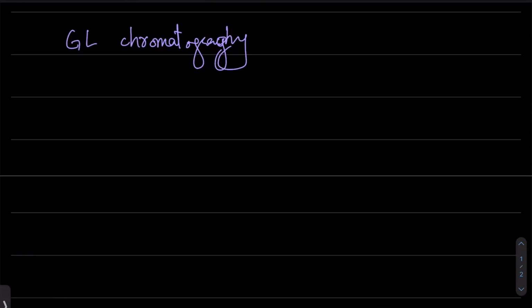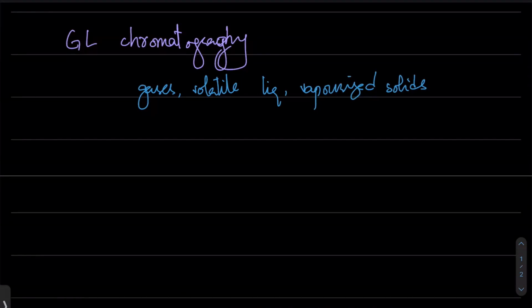So we usually take things that are easy to evaporate. For example, we take gases, we take volatile liquids, we take vapors of solid, and this is what we're going to test or analyze here.